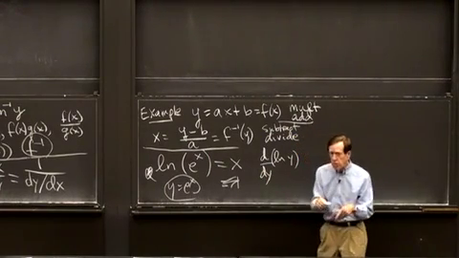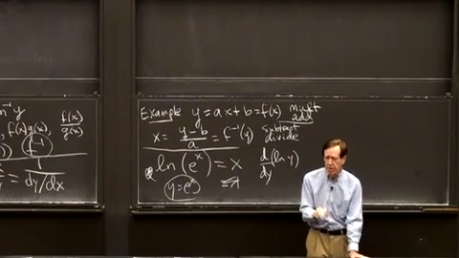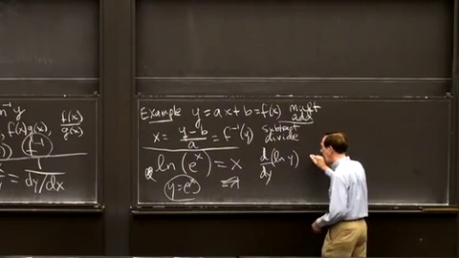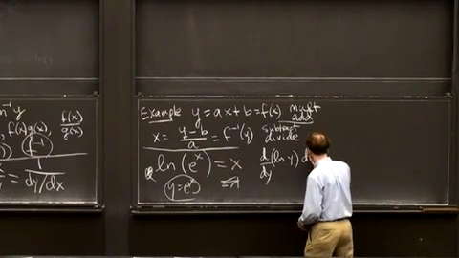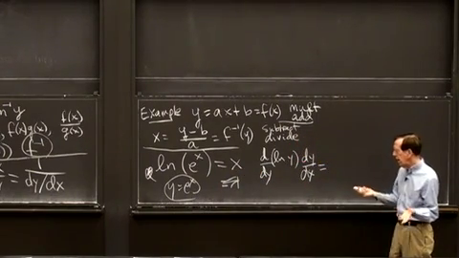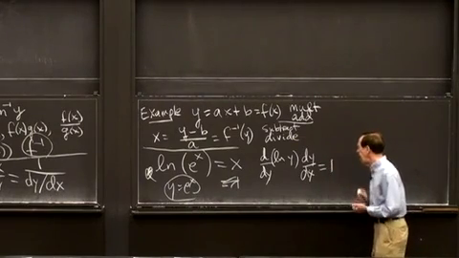But then, as the chain rule tells me, I have to take the derivative of what's inside. What's inside is e to the x, so I have dy dx. And the derivative on the right-hand side, the neat point here, is that the x derivative of x is 1.